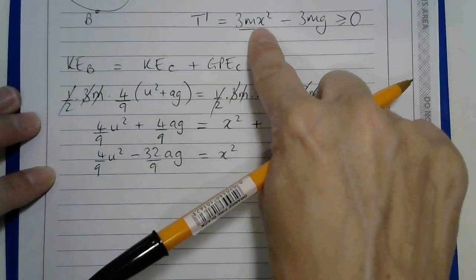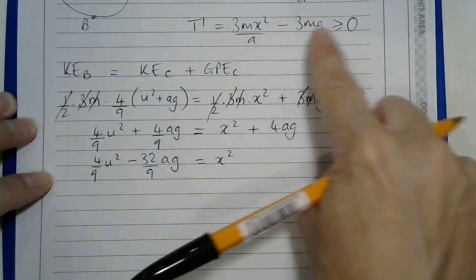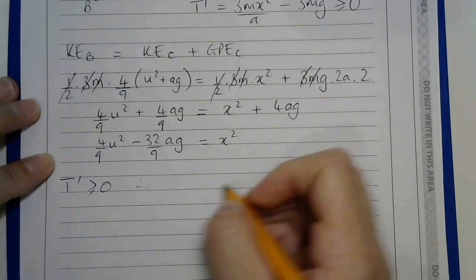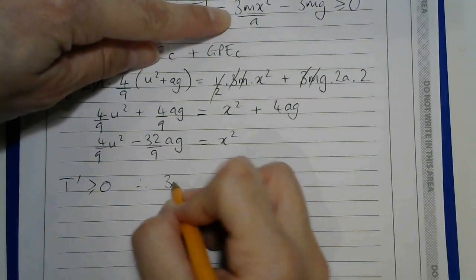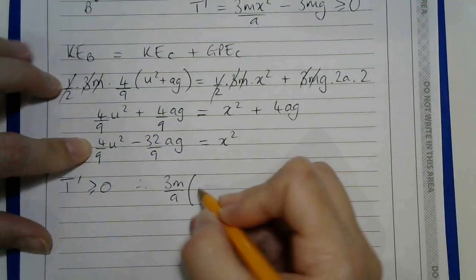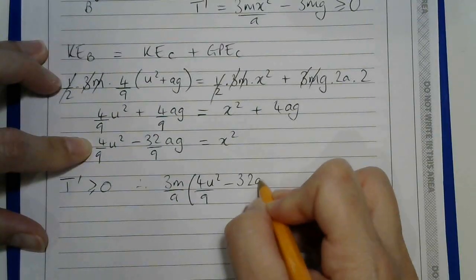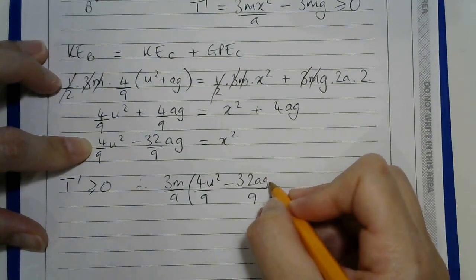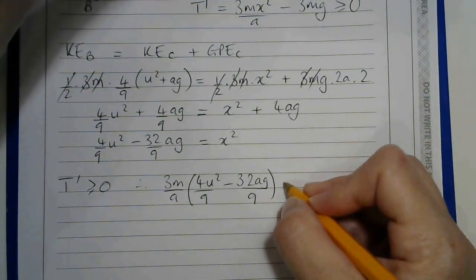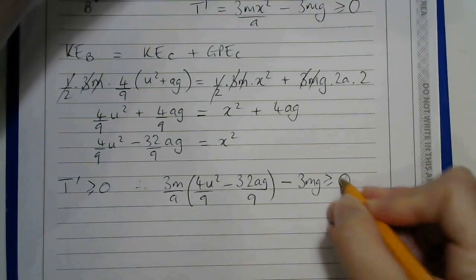So I know that this thing that I call T dash is bigger than 0. So T dash is bigger than 0, therefore I've got 3m over a multiplied by my expression for x squared, which is 4u squared over 9 minus 32ag over 9. And we're up to here now. Minus 3mg will be bigger than or equal to 0.